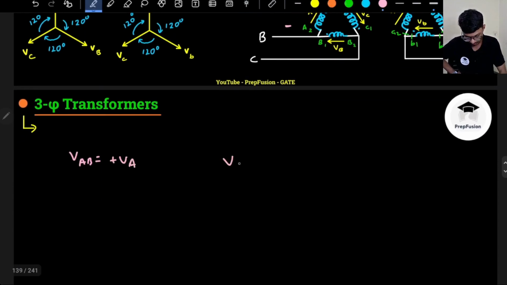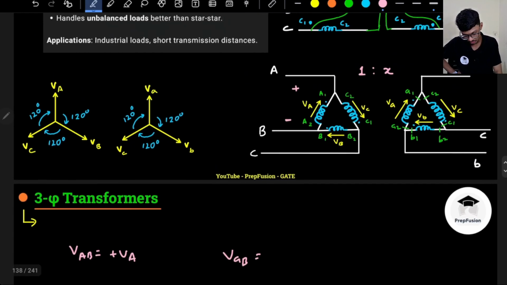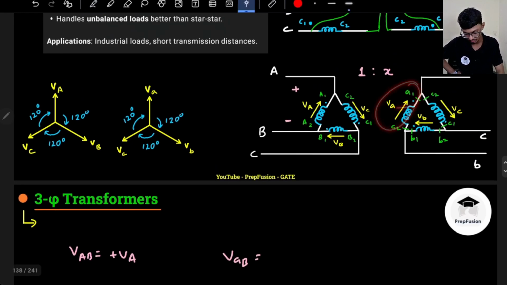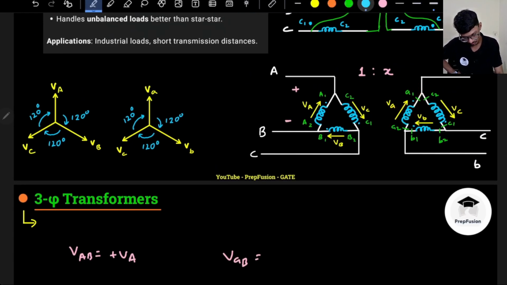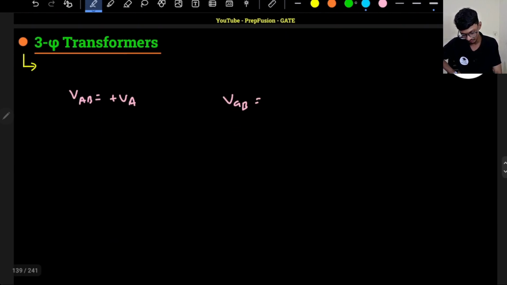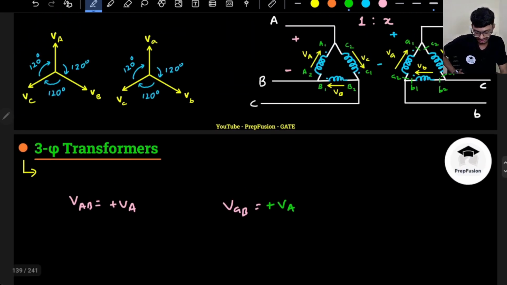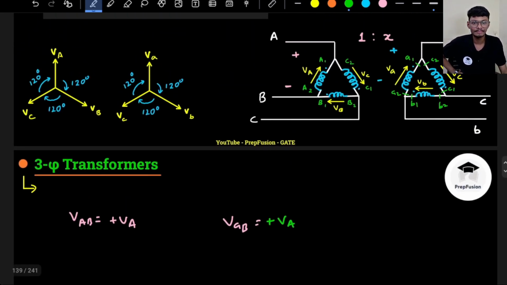What is small vab? It is also plus VA only, so this will be plus VA only. So the angle is 0.